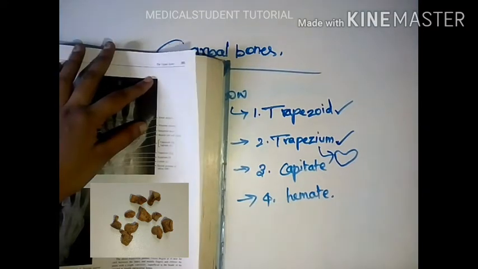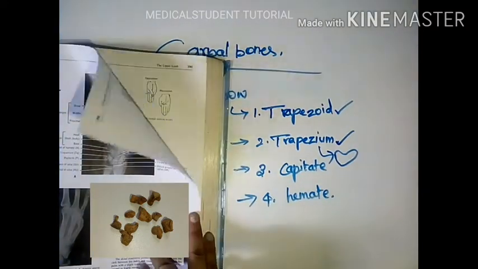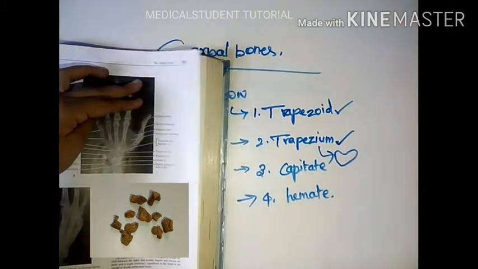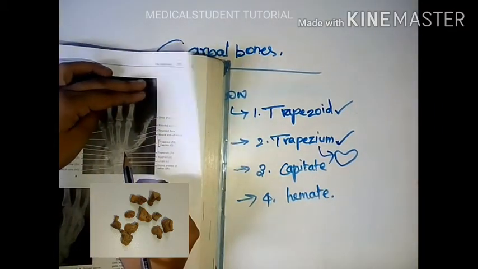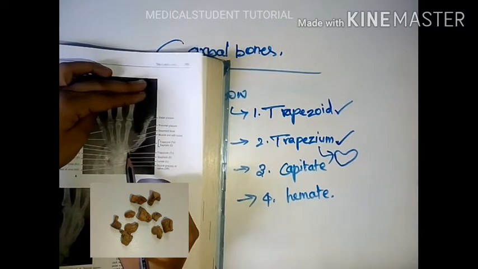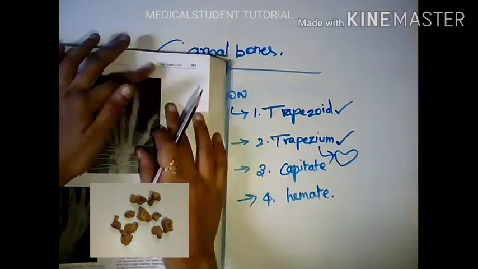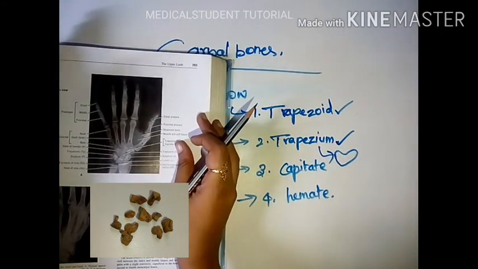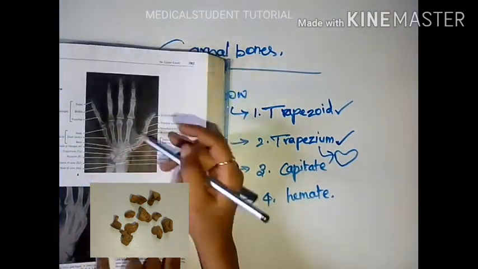Baby shoe shaped bone. This is the trapezium. You can see this trapezium.